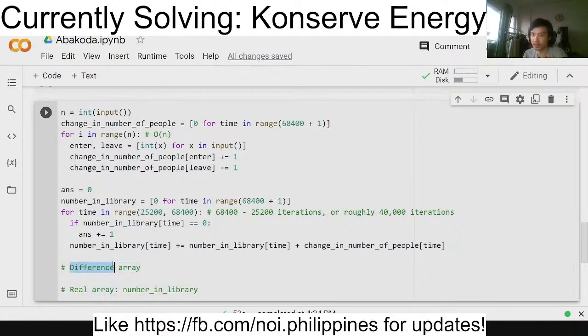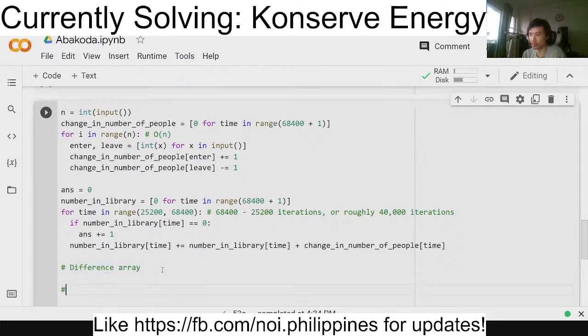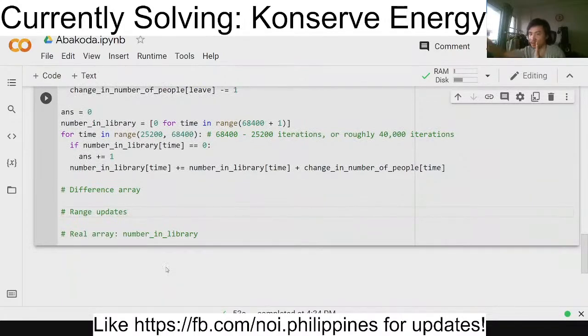The difference array is just the difference that happens at every time. And this difference array helps you for those types of problems where you want to maintain some real array, and on that real array you're going to do what we call range updates. We want to increase all the values within this range by some number. Okay, that's exactly the setup we have in this problem.